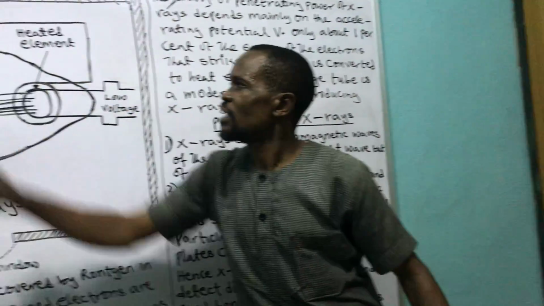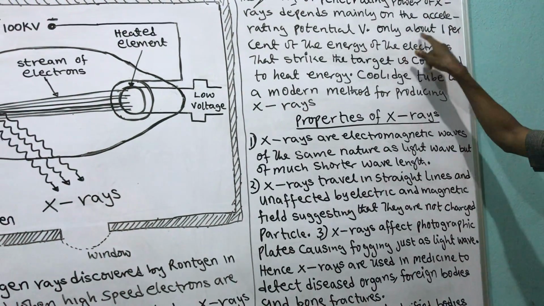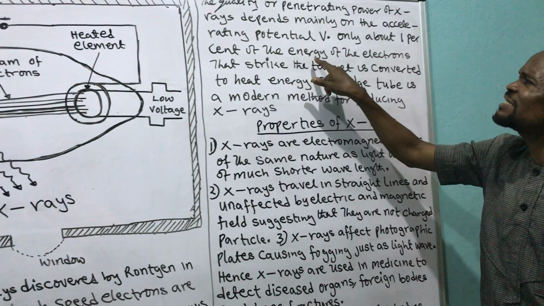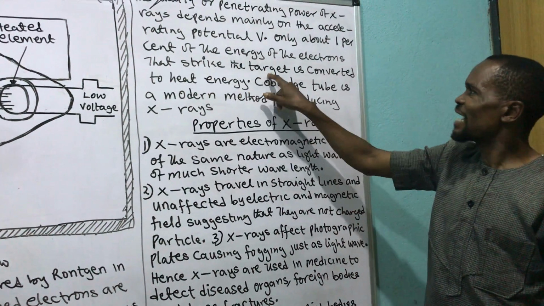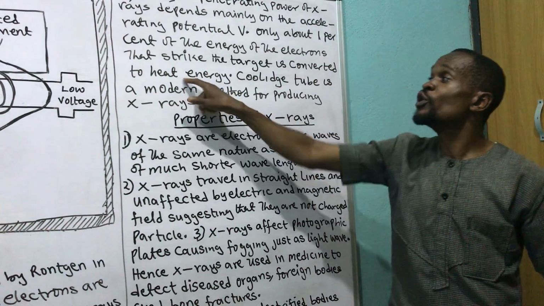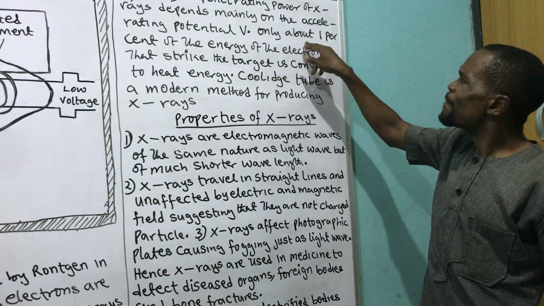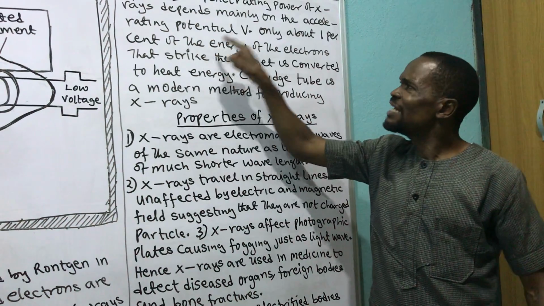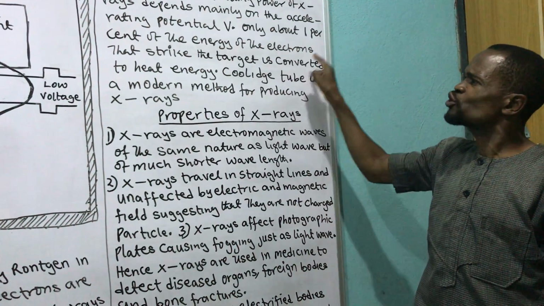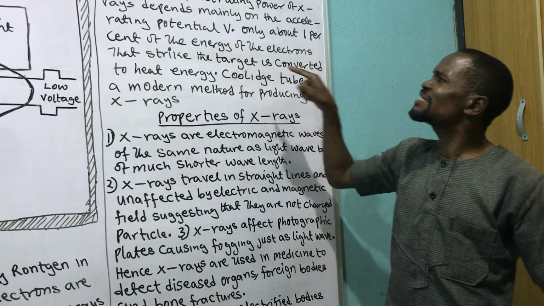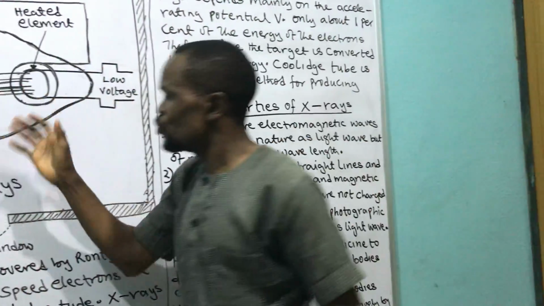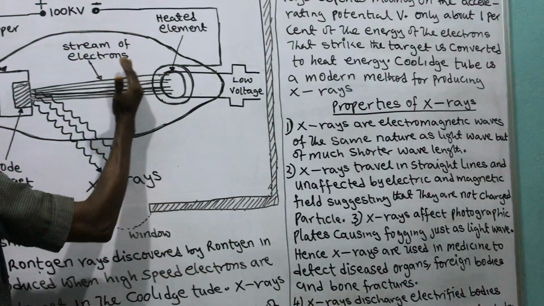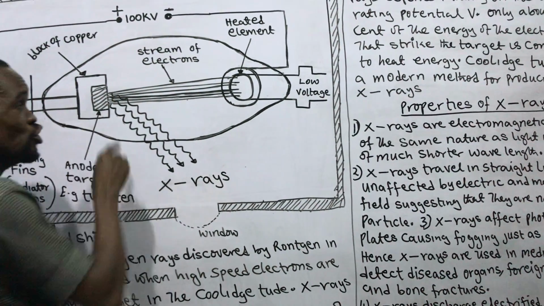Look at it. Then you say only about 1% of the energy of the electrons that strike the target is converted to heat energy. You will see that not all the work done is being used here.